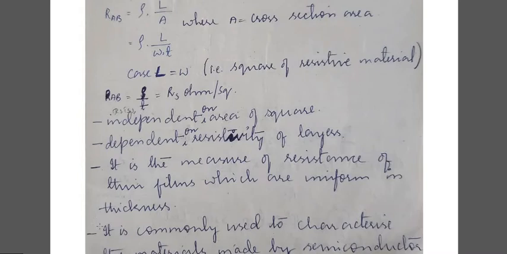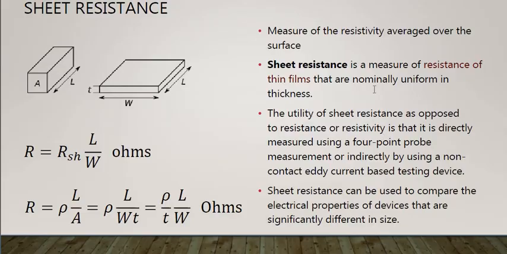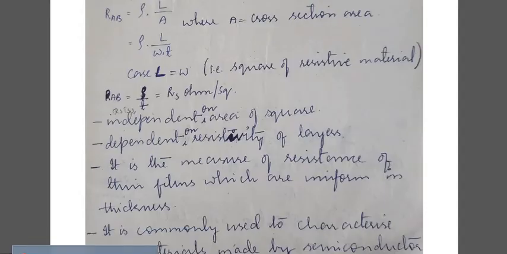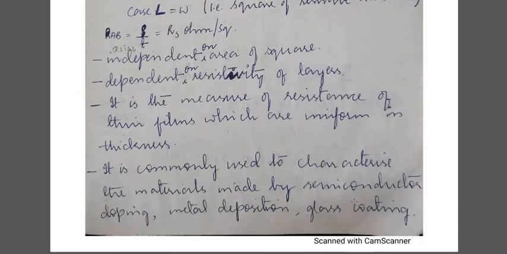It is one more definition of what sheet resistance actually is. Sheet resistance is the measure of resistance of thin films that are uniform in thickness, meaning their thickness should always be uniform in nature.